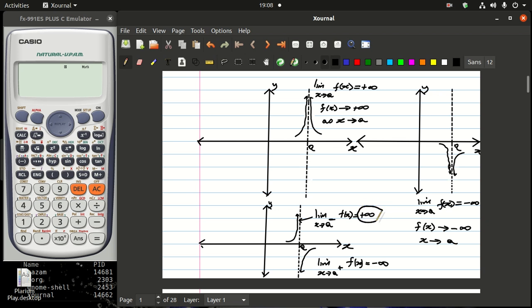Positive infinity and negative infinity are different. This one is a very big negative number, this one a very big positive. Positive and negative are not the same. So when we have a situation like this, the limit does not exist. In this case, the limit as x approaches a of f of x does not exist, or DNE.